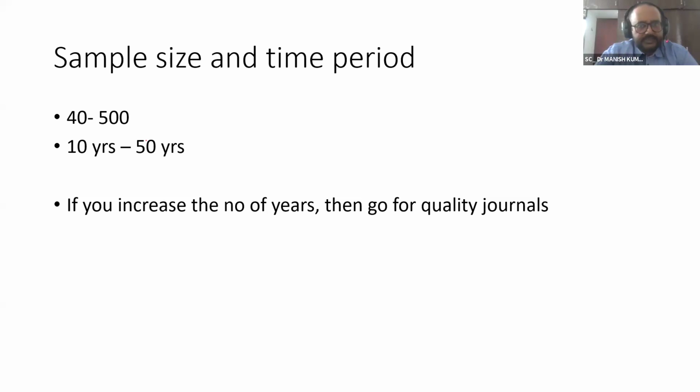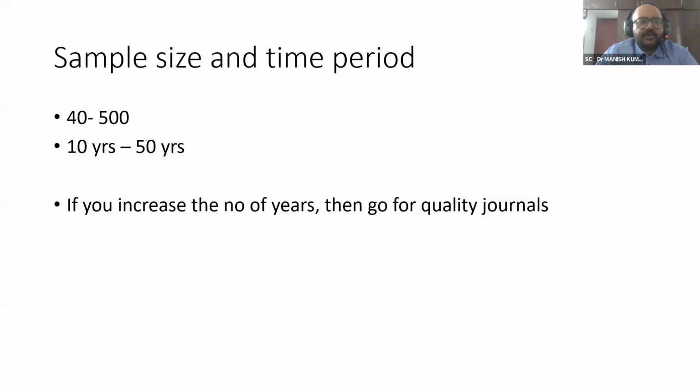You do some bibliometric analysis on them, and then slowly diminish the number of papers on the basis of some criteria, maybe journals with an impact factor of more than one, or only A or B category journals, or ABS 3 or above ranking, depending on you. The time span for literature reviews is basically 10 to 50 years.